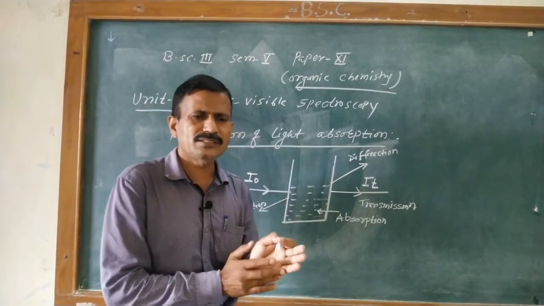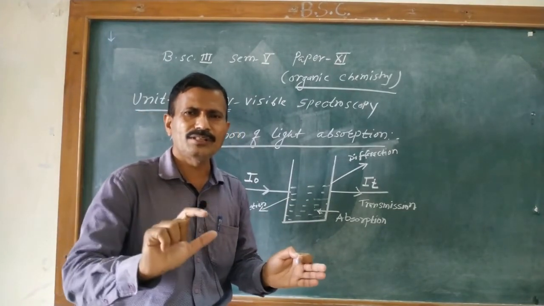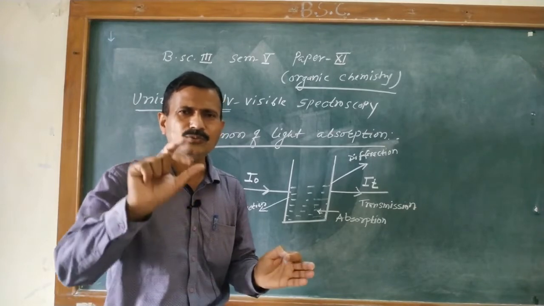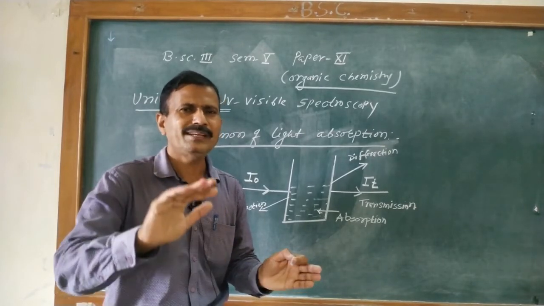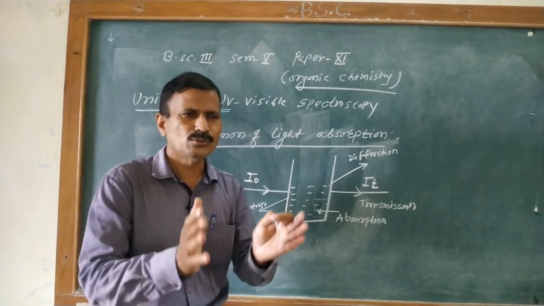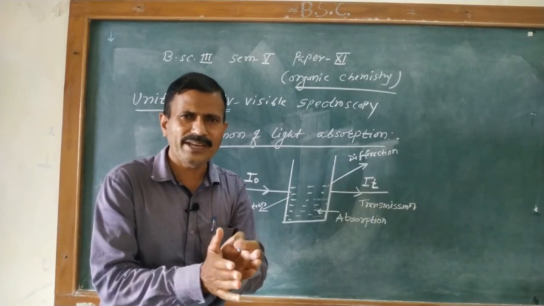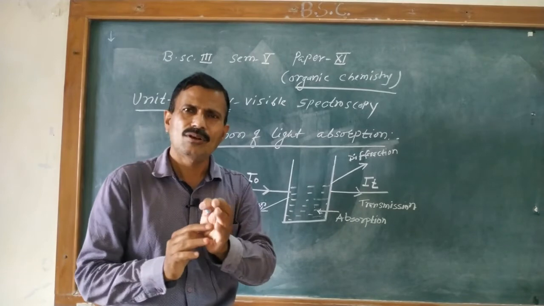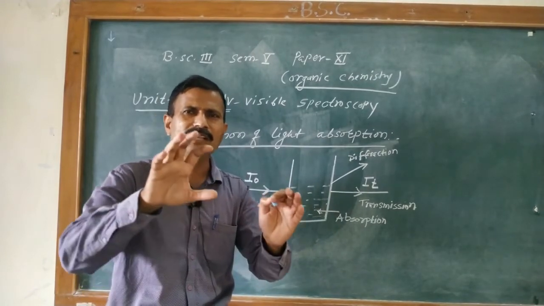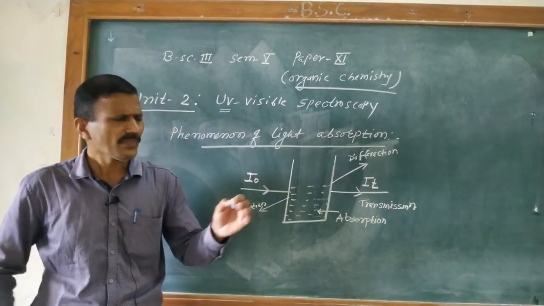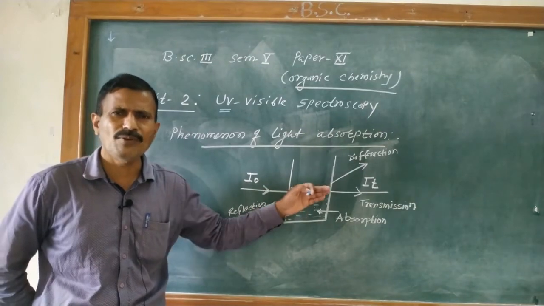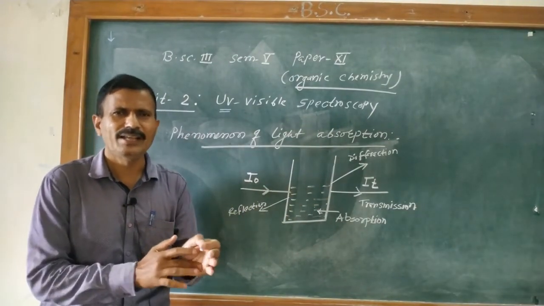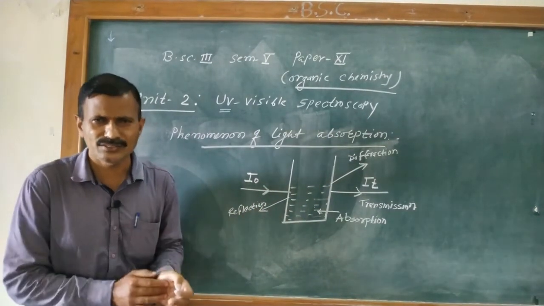In this sense, we have to deal with two aspects: one is Beer's law and the second is Lambert's law. When these two laws are combined, we get Beer-Lambert's law, isn't it? We will discuss one by one, along with their statements and interrelationship.